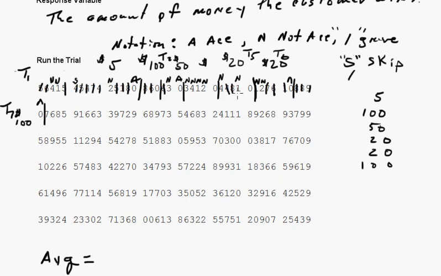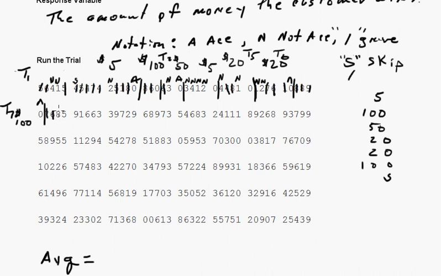Did I skip one? 5, 100, 50. I don't think I put this one down. 1, 2. This was just a 5. I missed it. There we go. Okay, 3 more.